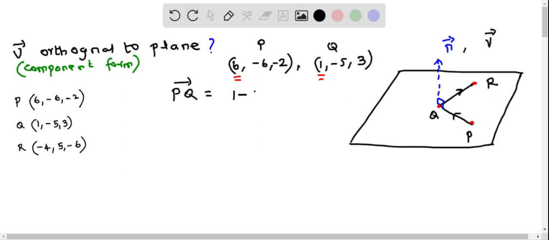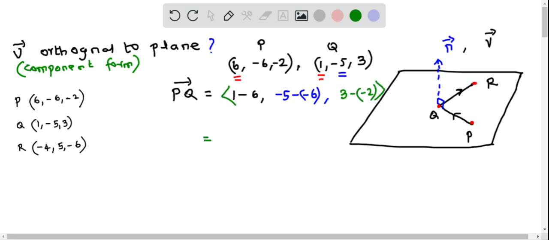So we take the point 1 from Q and subtract the corresponding point from P, that is 1 minus 6. And then you take the next component, that is -5, and subtract the corresponding point from P, that is -6. And then we take the last point, that is 3, subtract -2, so this will be the PQ vector.